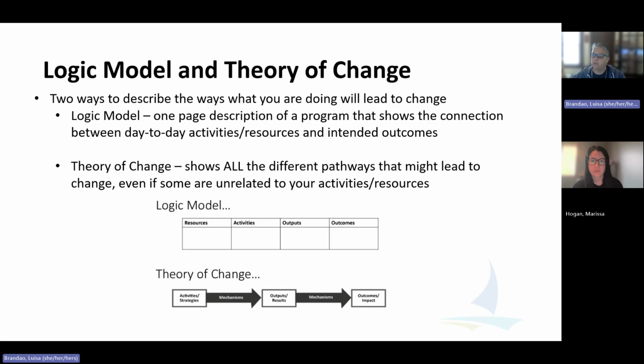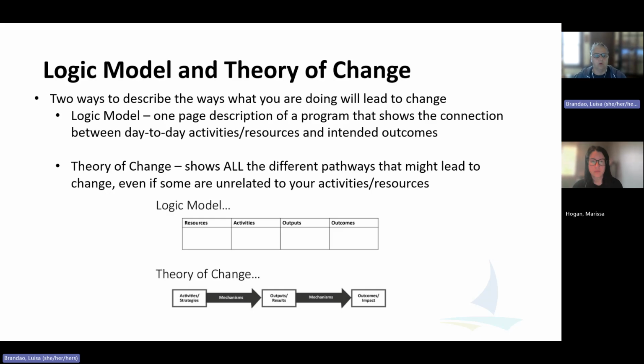So it's kind of linear, probably not exactly how things work often in real life, but it is one easy way to describe how your program might be working or how you think it's going to work. The other possibility is a theory of change, which is probably a more realistic depiction of how your program is working, because it tries to show all the different pathways that may lead to change, even if they're not connected to your activities or resources.